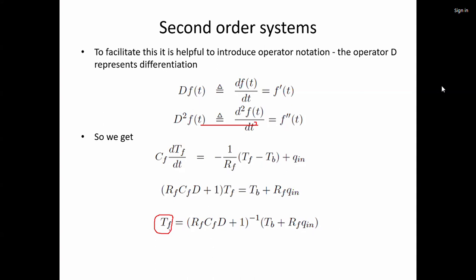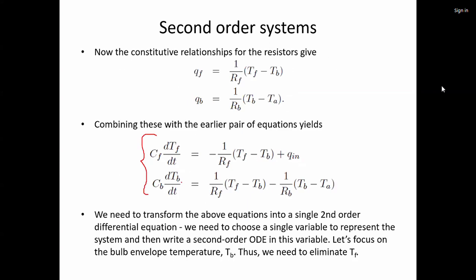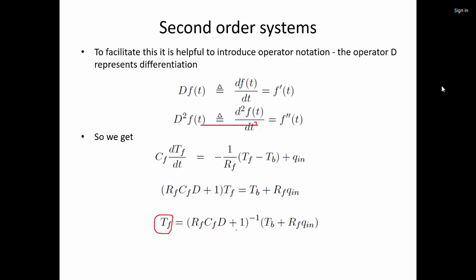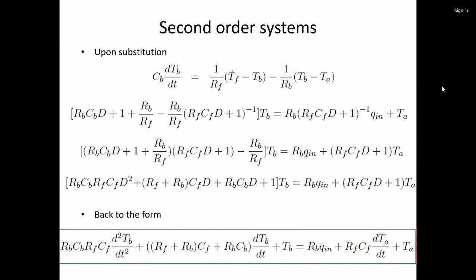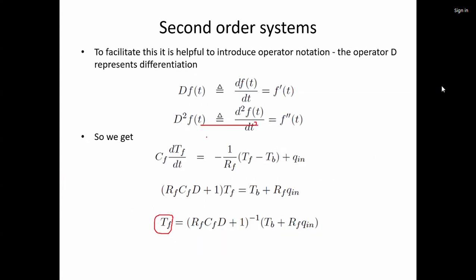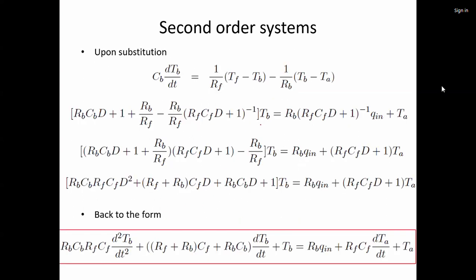So if you substitute this TF in this equation here, then you have only one variable TB. Okay, so that is exactly what you do. You basically substitute this expression for TF here.